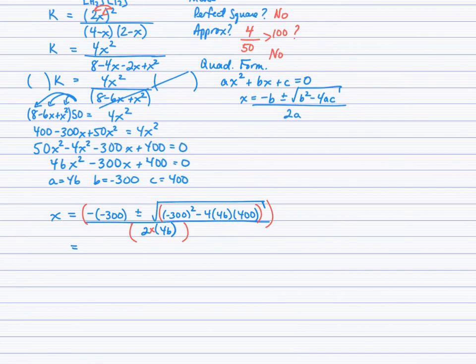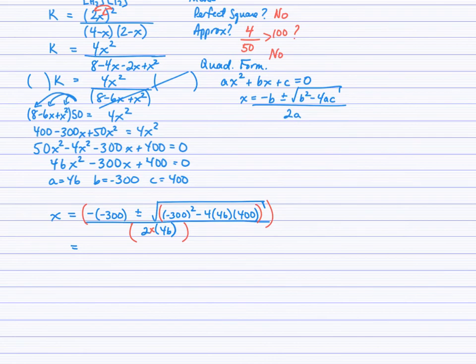So I open the bracket in the numerator, and the negative of negative 300, I'm just going to do in my head, that's positive 300, plus, now the square root symbol, and then open bracket for the negative 300 squared. Now that negative 300, I'm going to anticipate that squaring the negative makes it positive, so I'll just plug in 300 squared.